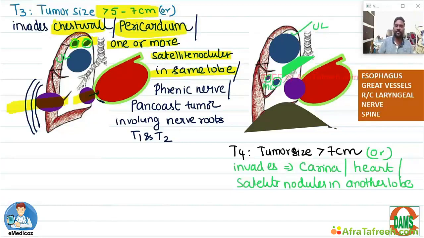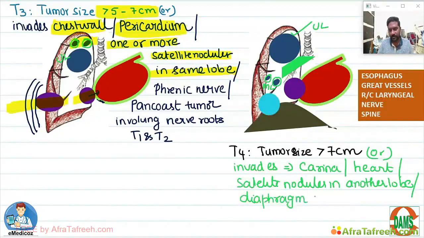It means it has extended to various lobes in the same lung, so it is disseminating more. And apart from that, involvement of the diaphragm and mediastinal structures such as esophagus, great vessels, recurrent laryngeal nerve, and also spine.